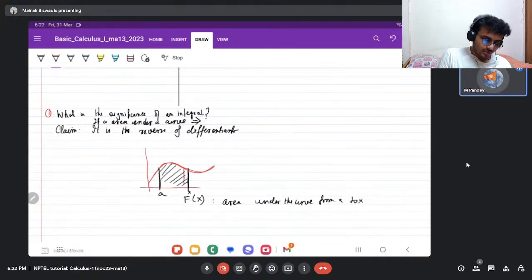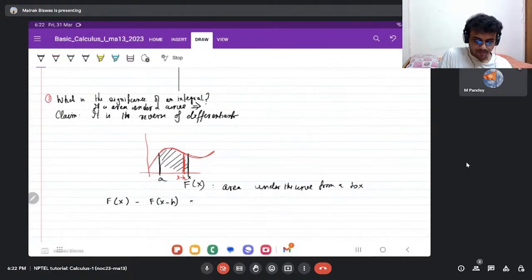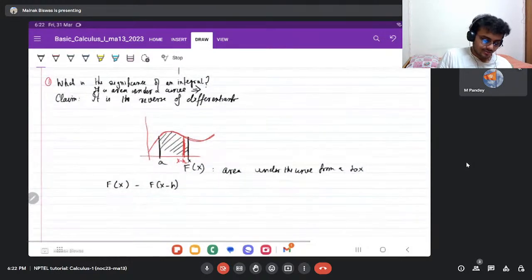And if I take an infinitesimally small distance from this x, say x minus h, what does f of x minus f of x minus h mean? This means that this is this area, right?